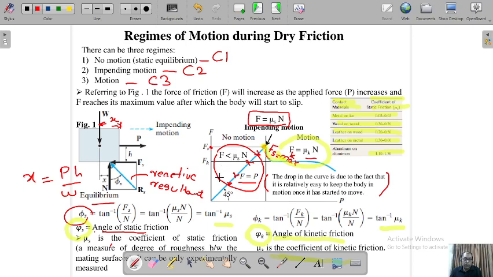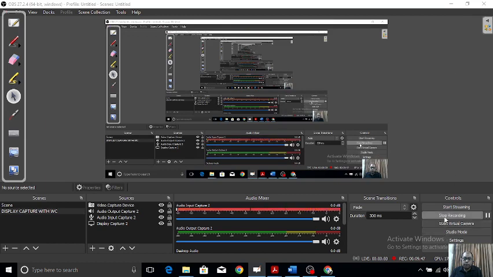Remember, this is the equilibrium zone. The body will be in equilibrium because the frictional force F will always be less than the maximum frictional force mu s N. Okay, we shall stop here, and we'll go to another case. Start with case 1.